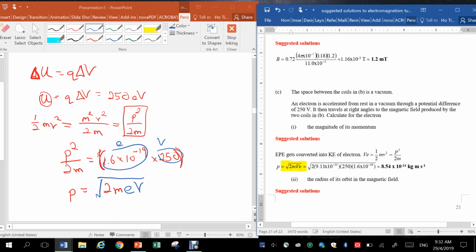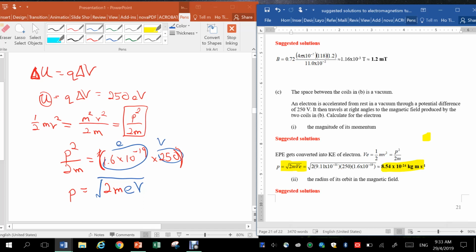Once you can get this equation, the rest is just substitution. Purely math. I'll leave it up to you to get this value of 8.54 times 10 to the power minus 24 kg m s^-1.